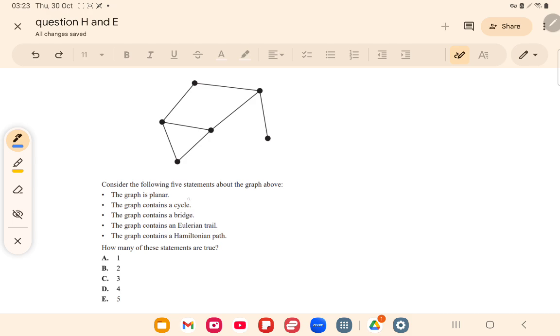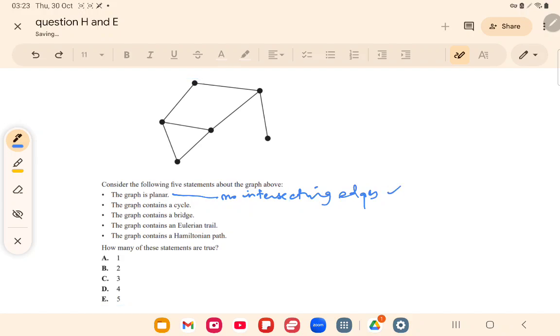Now, the graph is planar. When we hear the word planar, it reminds us that it's a graph with no intersecting edges. And clearly, we can see in this graph, there are no intersecting edges.